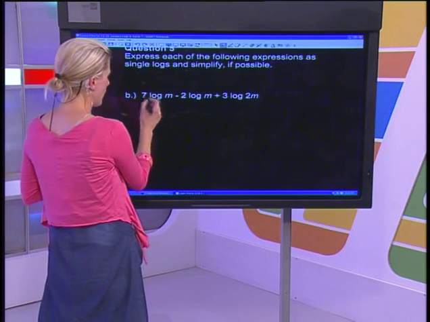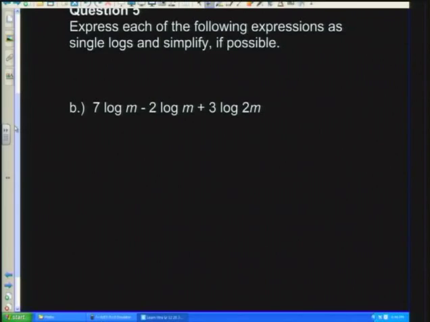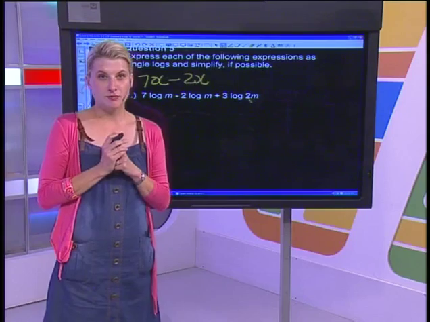Right. So let's have a look here. Now, I've got 7 log m minus 2 log m. Now, guys, this is much the same as having 7x minus 2x in algebra. They are like terms. They are both m's. It's not the same as the last one, though, because that's 2m. So I just need to pay attention to that.